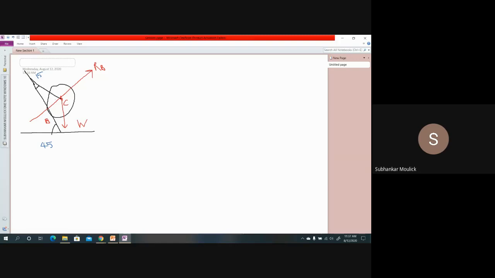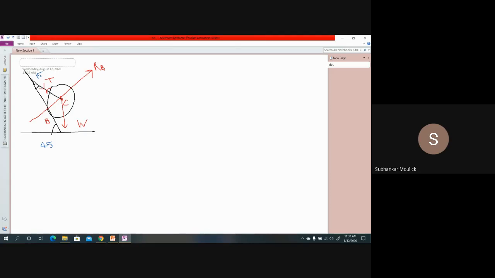Next, the roller is in contact with the string, so the string will exert some tension on it. Let us assume that tension is T. This is the tension in the string, T. The string has two ends. This end will exert tension in this direction, toward C. And the C point will exert tension in the string along this direction.